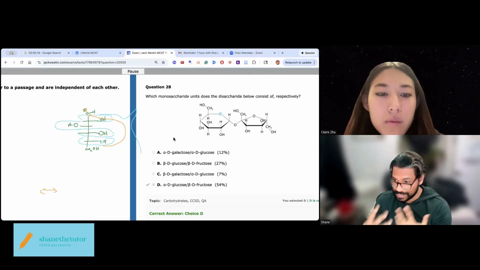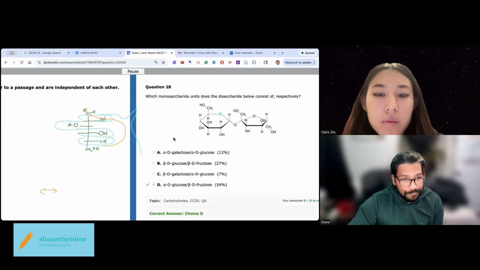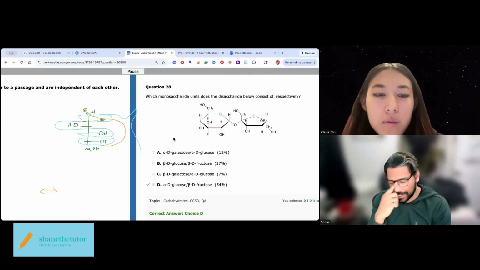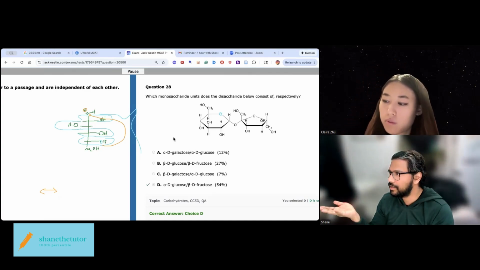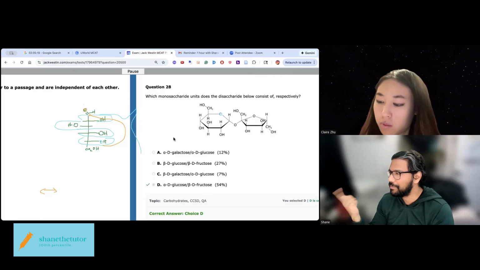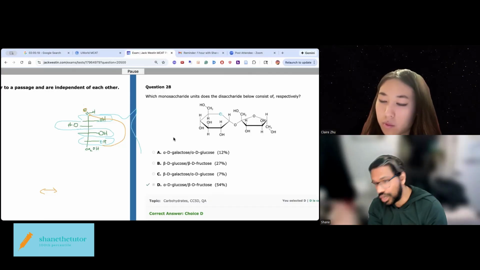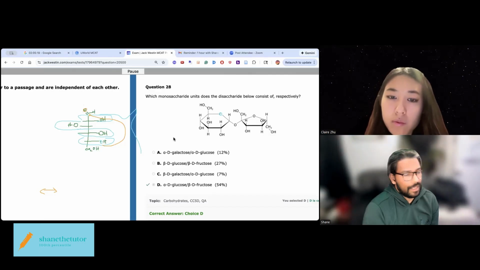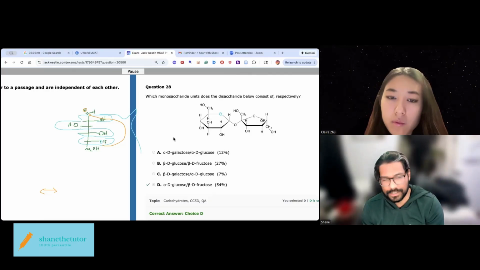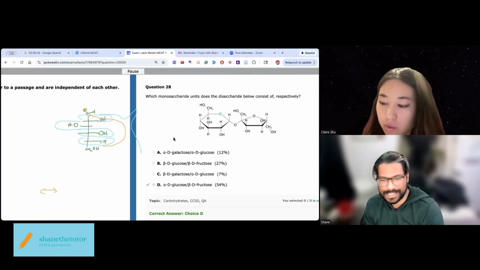It exists as both. But for the different anomers, it's something called, I think, tautomerization, or was it mutarotation? It was one of those. But it actually does go back and forth between the two. And then the beta is preferred for those reasons that I said before.